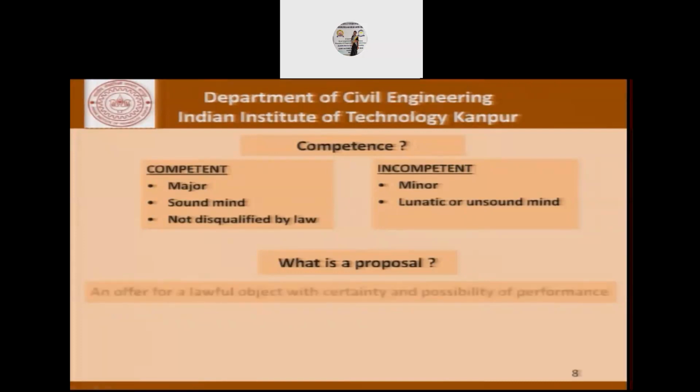Against a proposal, the offer must have certainty and possibility of performance. This is another important point. An agreement or a contract for something which is not possible to perform cannot be a contract. That is an impossible situation.